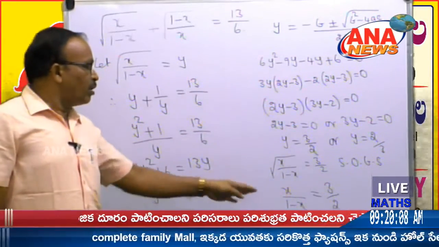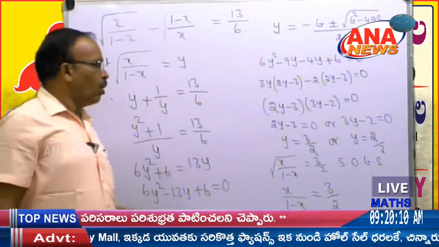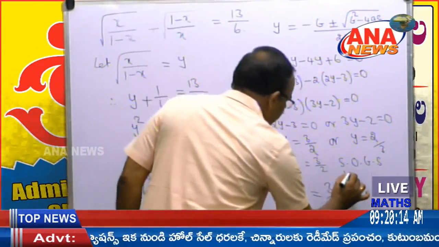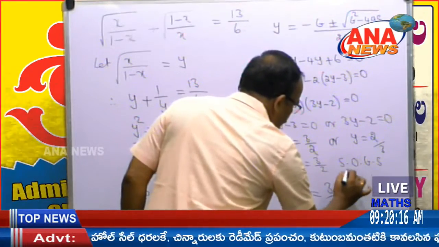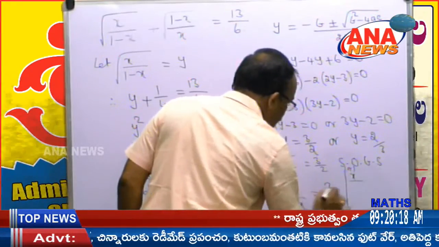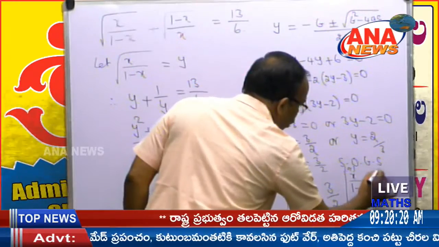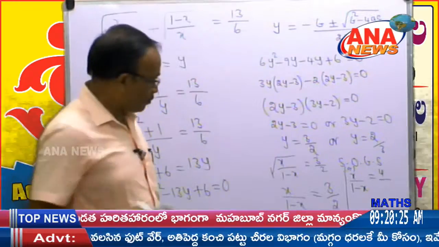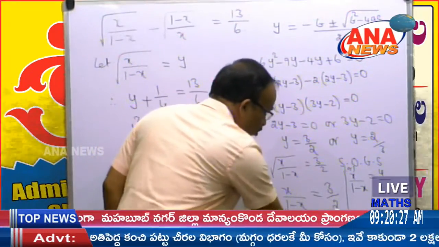Similarly, y is equal to 2 by 3. Write that one also: root of x by 1 minus x is equal to 2 by 3.